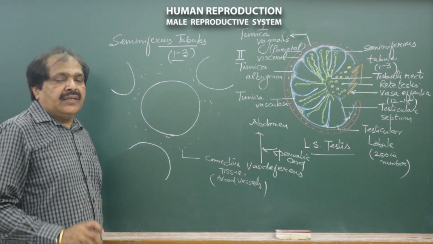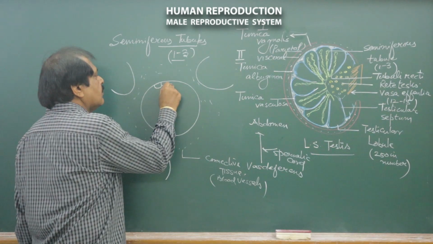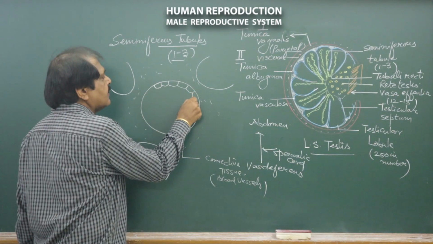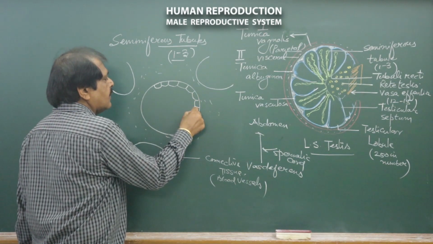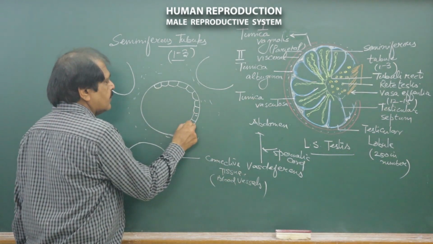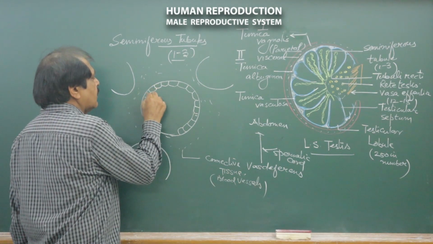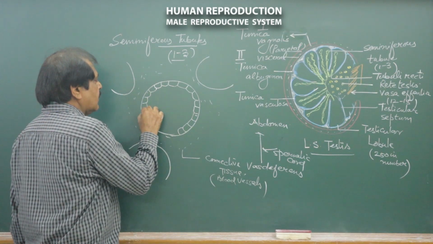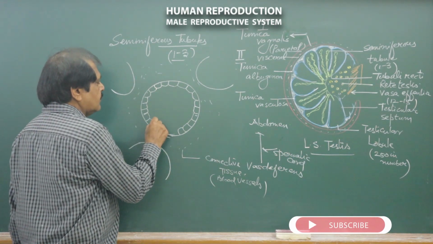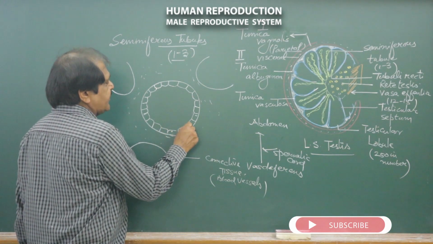Each seminiferous tubule is covered over by a layer of cuboidal cells, and each cell contains a nucleus.